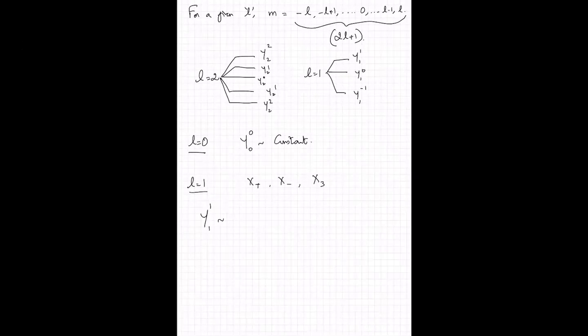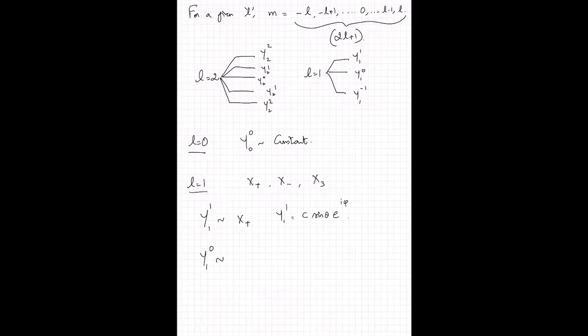So y11 can only contain one factor of x plus, which means y11, up to a constant, is some constant times x plus, which is sine theta e to the I phi. Similarly, y1 minus 1 should have an m value of minus 1. x plus has an m value of 1, x3 has an m value of 0, and x minus has an m value of minus 1.